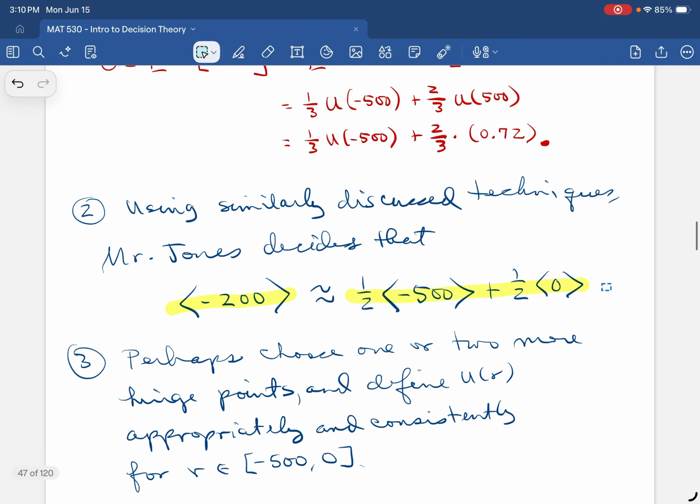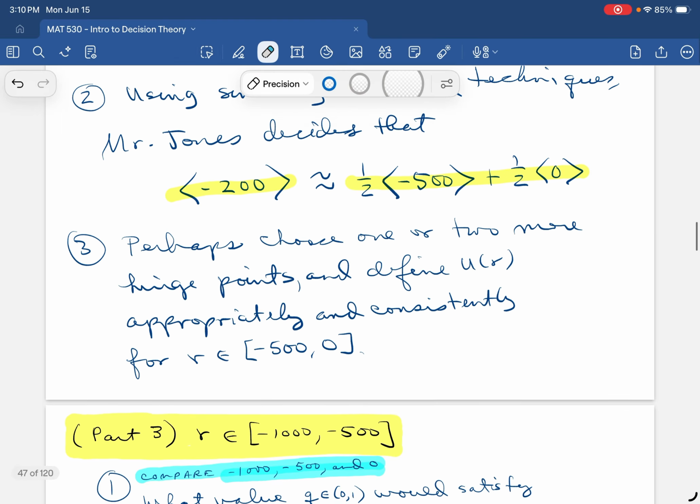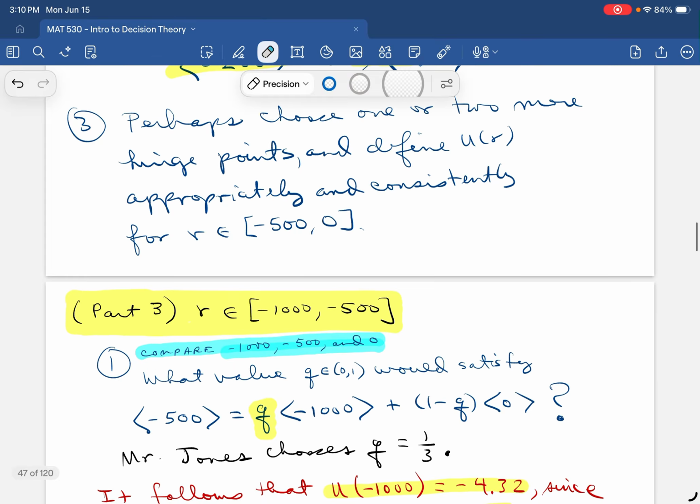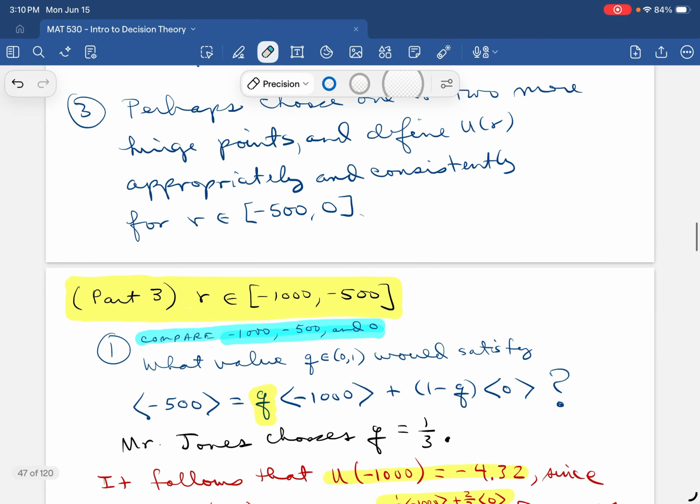And then perhaps we could choose 1 or 2 more hinge points and then finally put together a curve for the set of rewards from negative 500 to 0. The last part is to put together the portion of the utility corresponding to rewards between negative $1,000 and negative 500. At this point, it's just a question of doing similar things that we've done before.